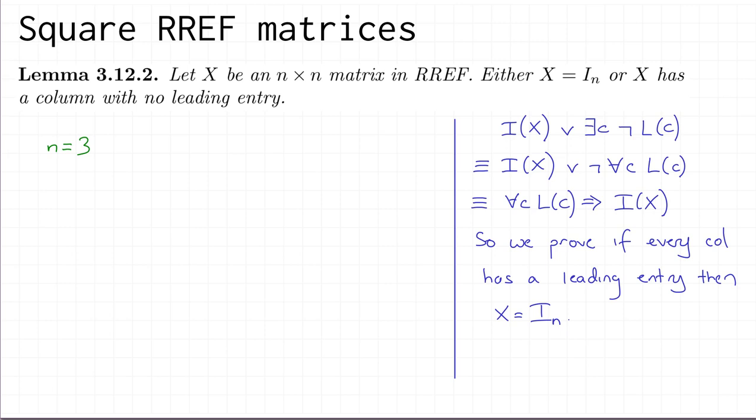Now since we're going to use the logical equivalence we established on the right, we're going to assume that every column has a leading entry and deduce that actually then our matrix must be the identity matrix. So if every column has a, I'm going to write LE as short for leading entry, well then there are 3 leading entries. So every row must have a leading entry because you've only got 1 leading entry per row at most.